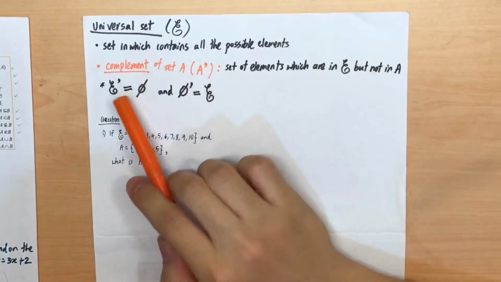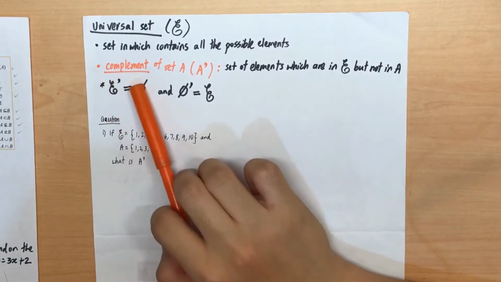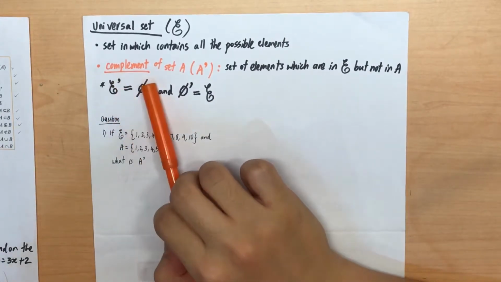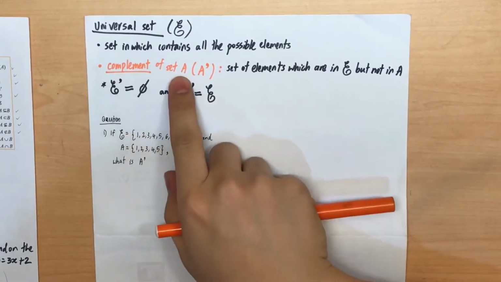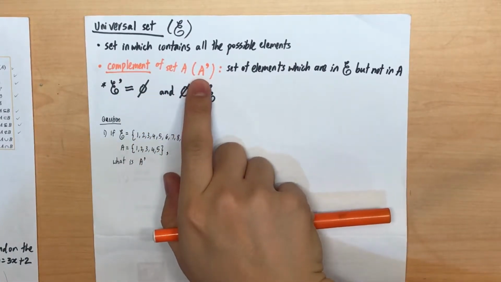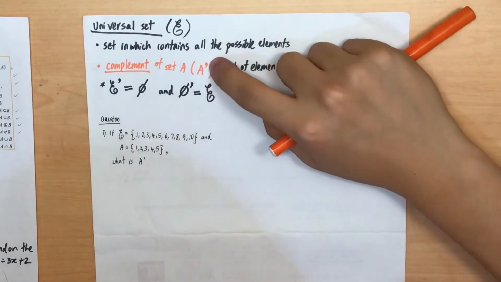Another thing, complement. When we talk about the complement of a set, maybe the complement of set A, we write it as A prime with an apostrophe here.